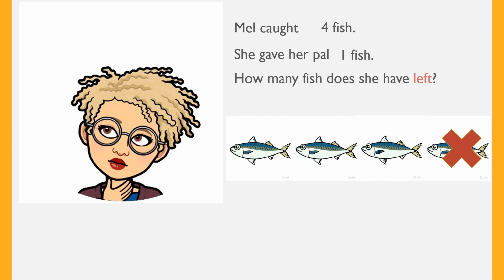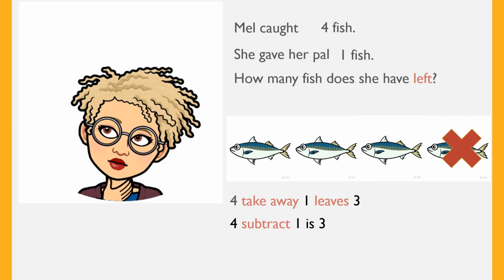When we talk about this picture, we can say 4 take away 1 leaves 3. We can also say 4 subtract 1 is 3. But we want to use math language. Do you know if you try to use math language with your parents, they'll sometimes be lost?